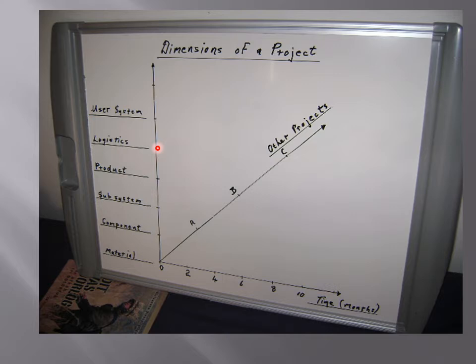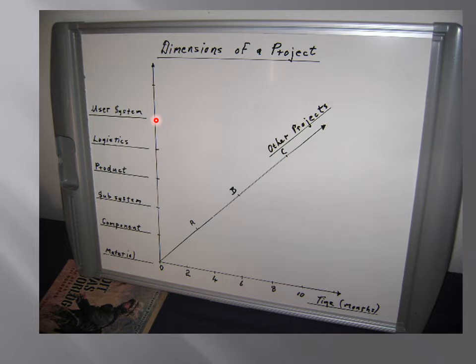It's interesting to know that a product cannot exist for long without the logistic support from level 5. Now on level 6, we actually have the user system. These are the thousands of people that buy the vehicle and use it. They are the user system.